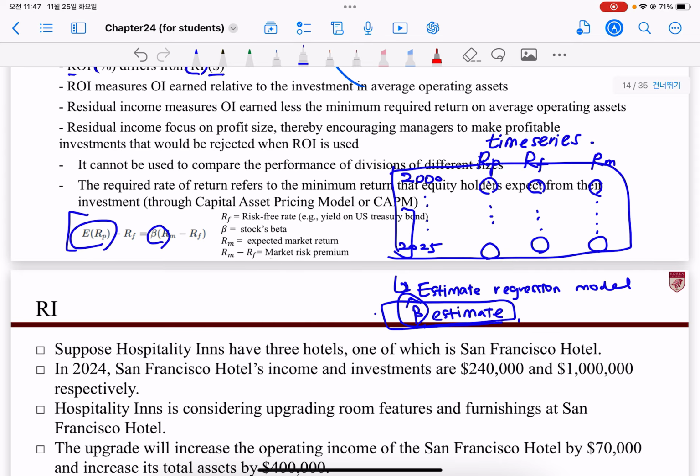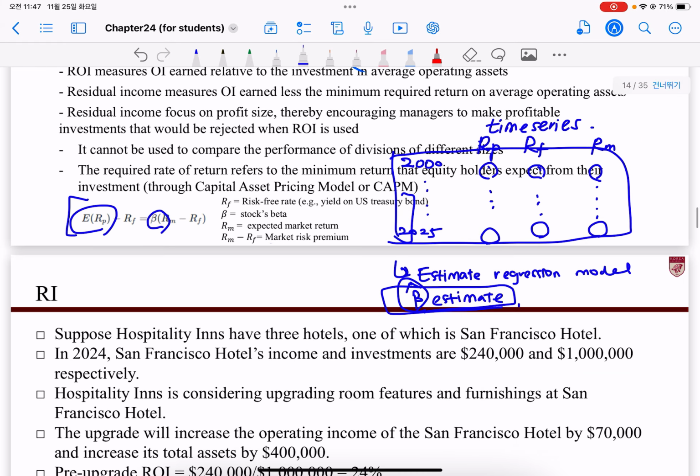After getting the beta estimate, what do you do? You want to know what is going to be the 2026 company return. So we are interested in this number right here.